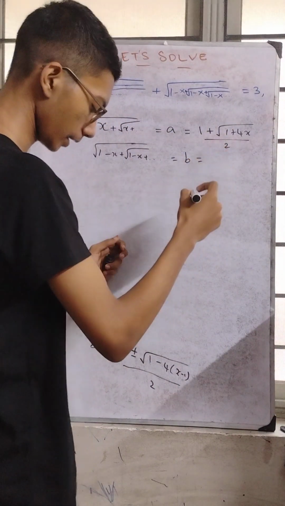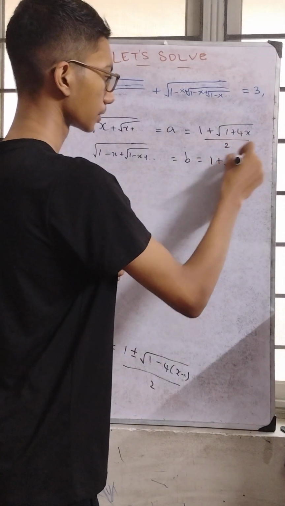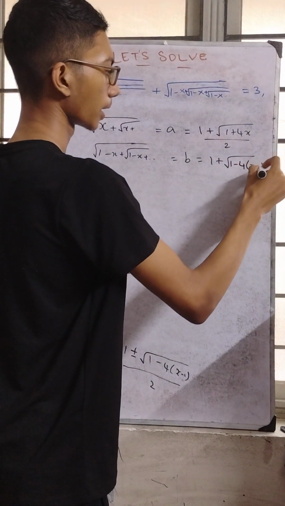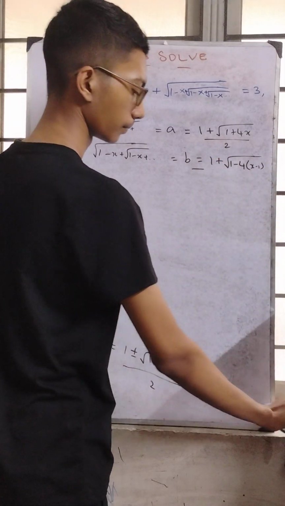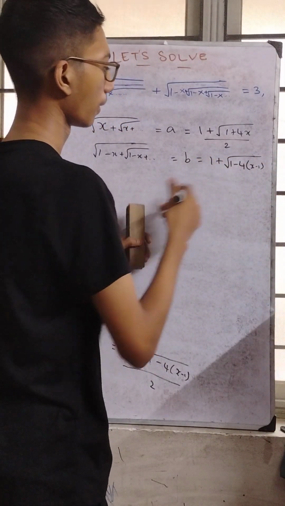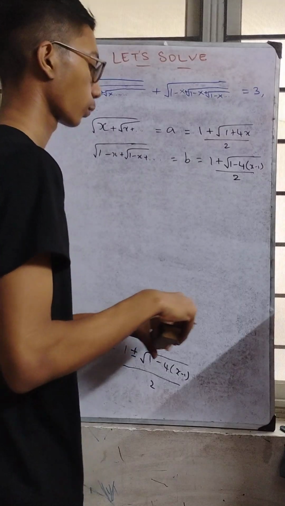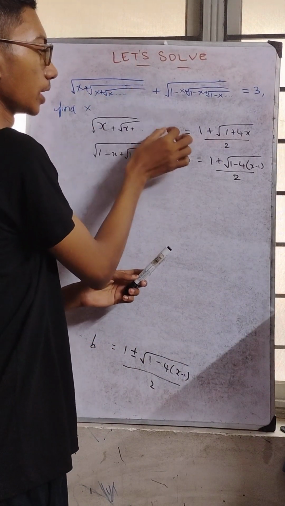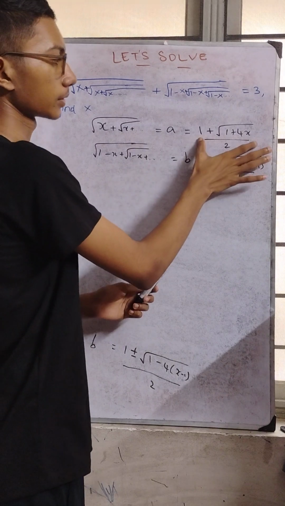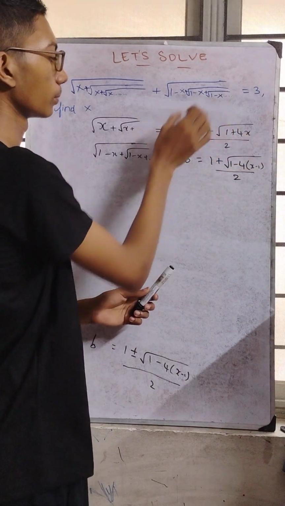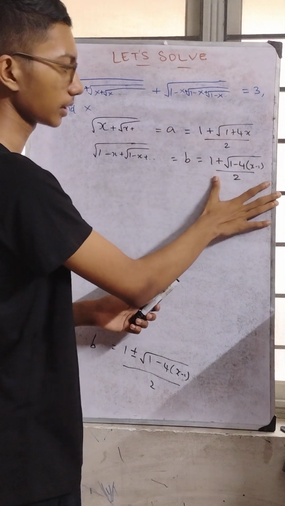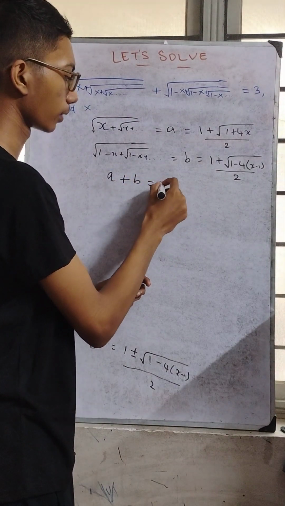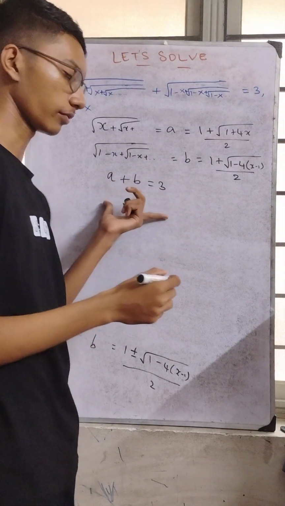So instead of b we can write 1 plus root 1 minus 4 times of x minus 1 by 2. So this value is a and we have simplified this as this expression. This is b and we have simplified this as this expression. So we can write a plus b equals 3. So this is the expression we have here.